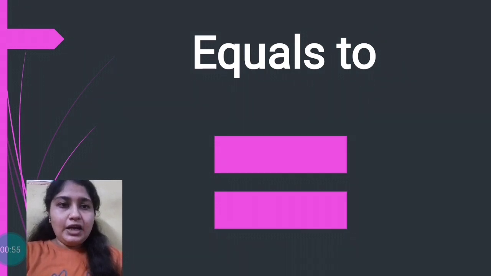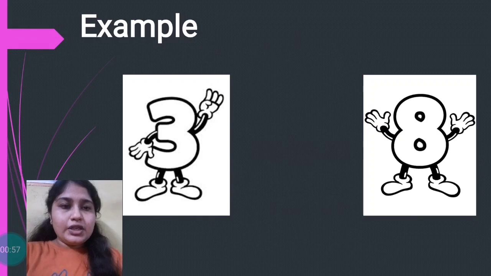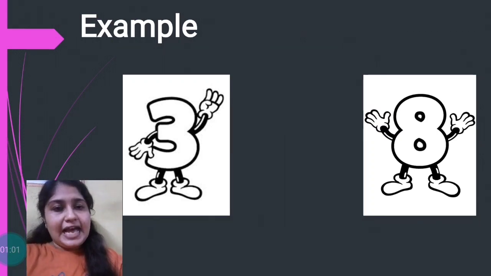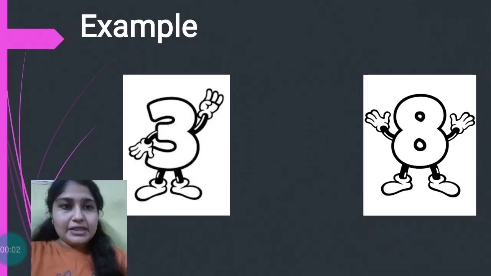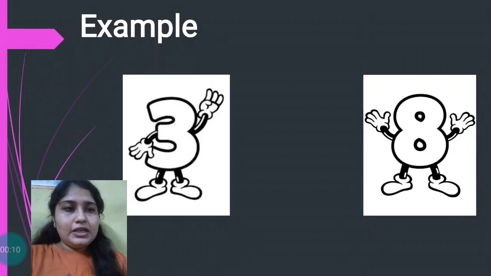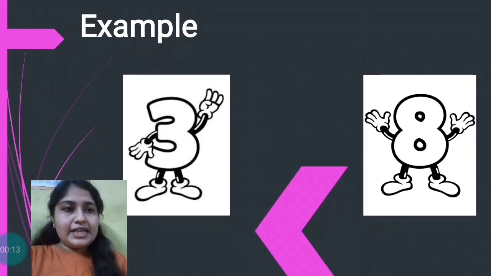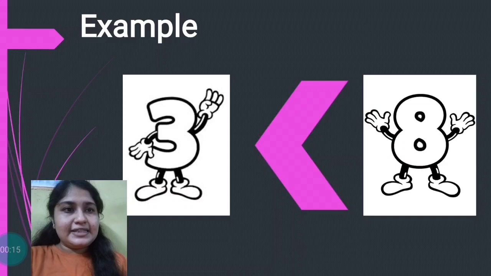Let's start with the easy one. Here students, two numbers are given. What are the numbers? 3 and 8. Compare these numbers. Which one is greater and which one is smaller? Yes, the 3 is smaller than the 8. So which sign will come? Yes, this sign will come.